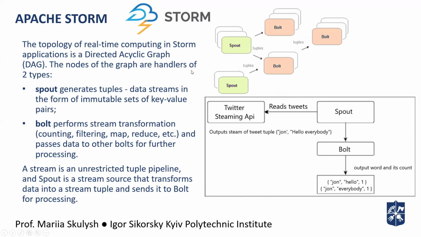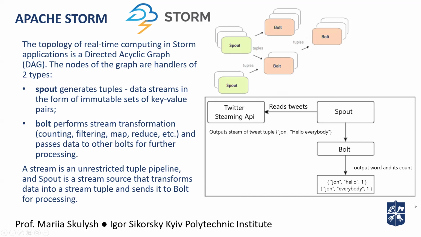So spout, for example. Apache Storm is a system which consists of two elements. The first element is the spout, which catches information.